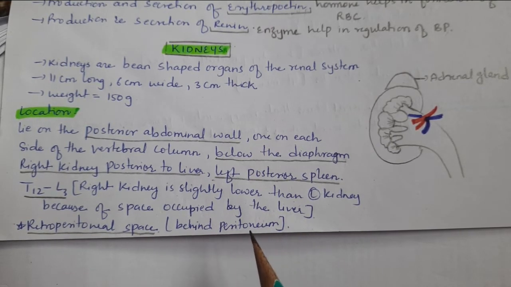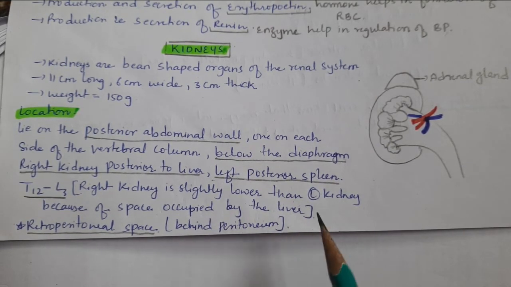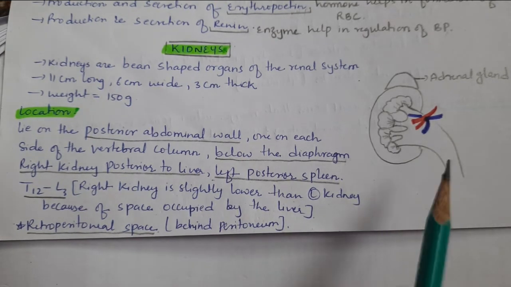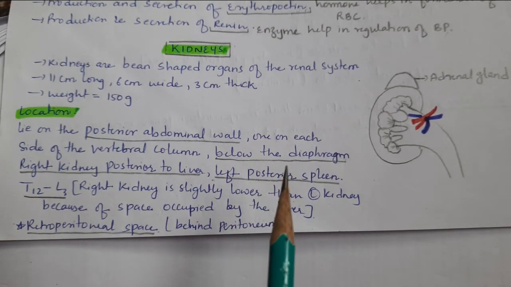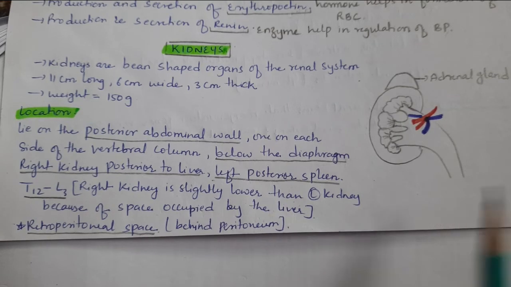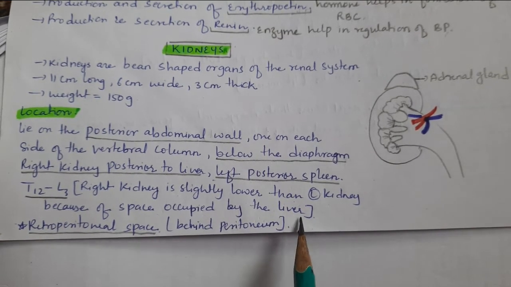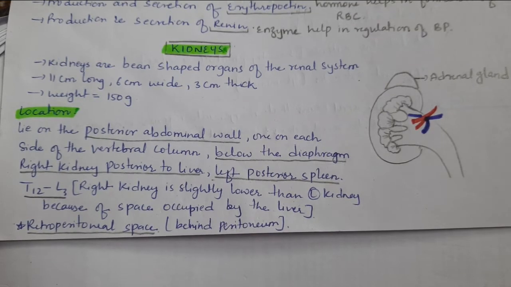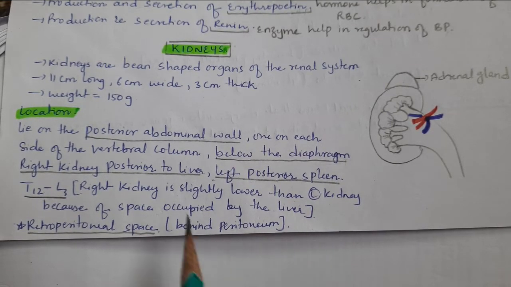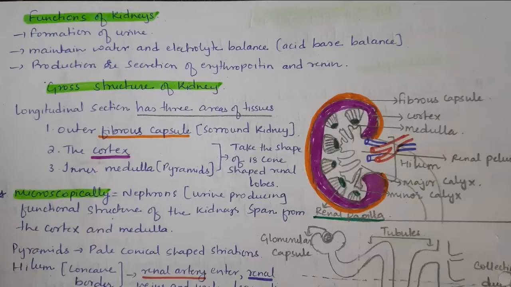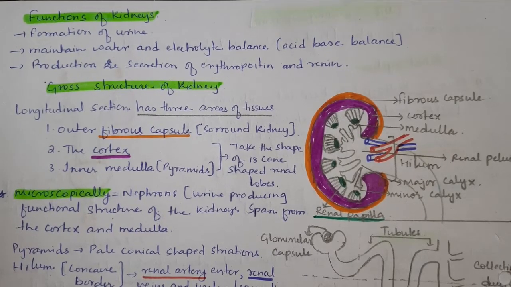The space in which the kidney is located is known as the retroperitoneal space, that is behind the peritoneum. The peritoneum is a space which contains the abdominal organs, and the kidney will be present in the retroperitoneal space.